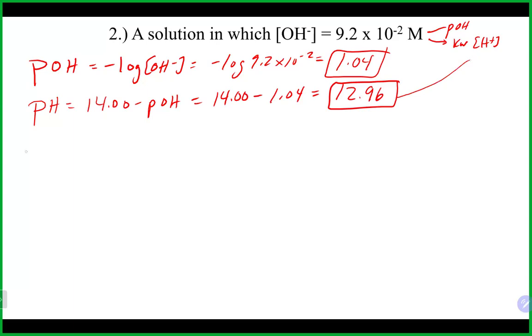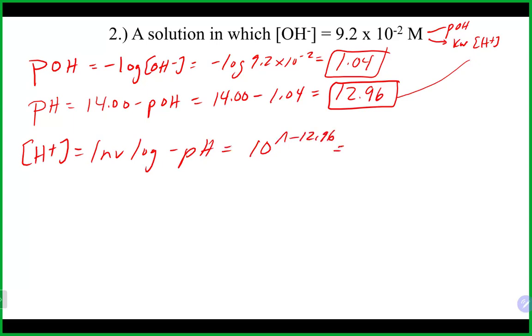And once again, you can take that the H plus is equal to the inverse log of the negative pH, which again would look something like this on your calculator. Going to give us, we'll call it 1.1 times 10 to the minus 13 molar here.